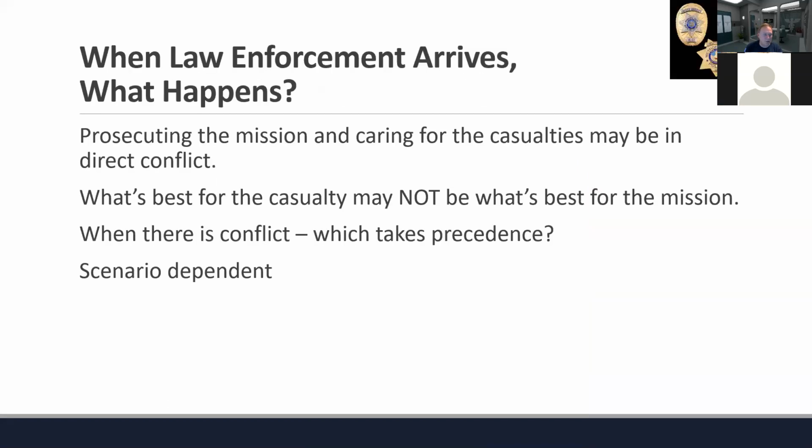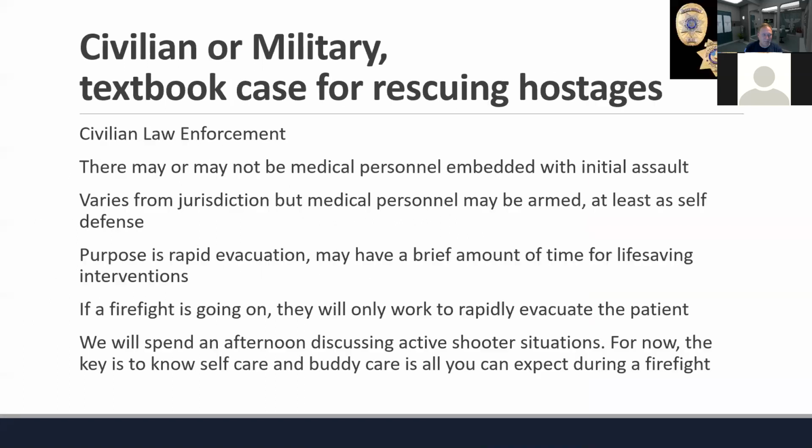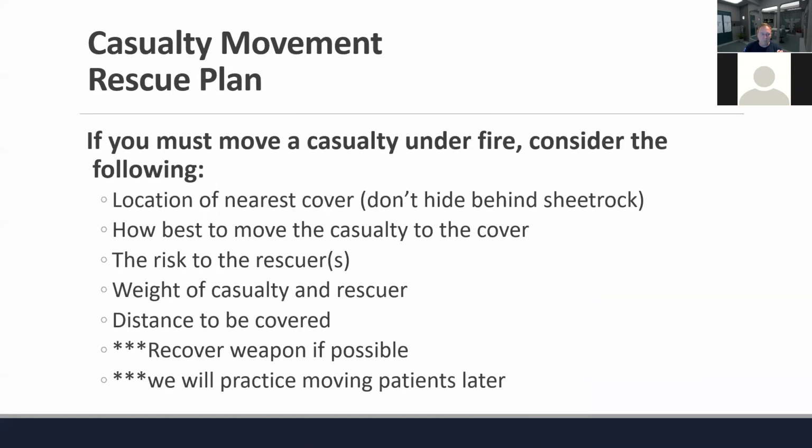So active shooter, again, let me kind of skip through most of this. We'll talk about this later on. Just understand, once again, be sure that you show that you're not a threat to the arriving officers.